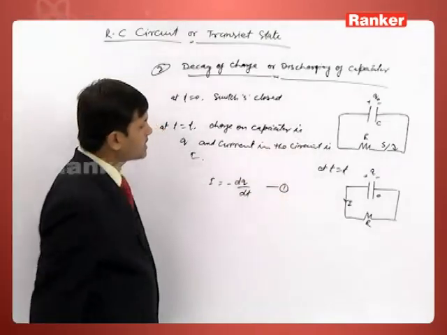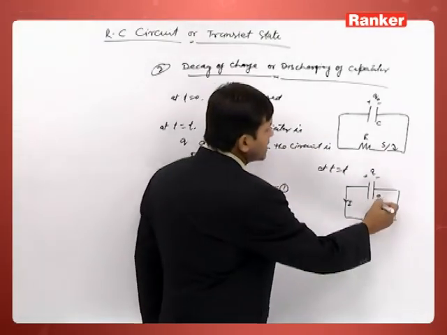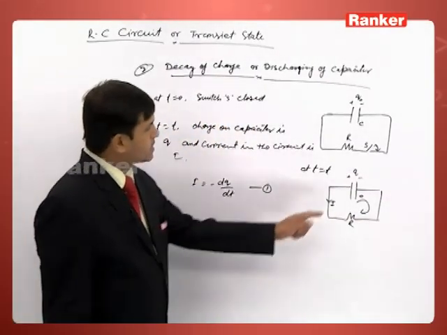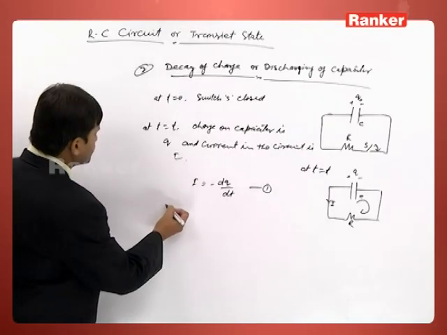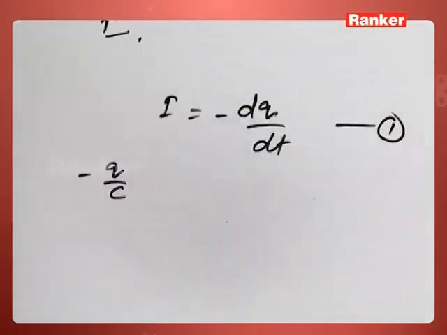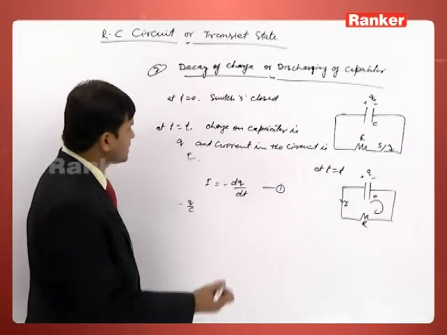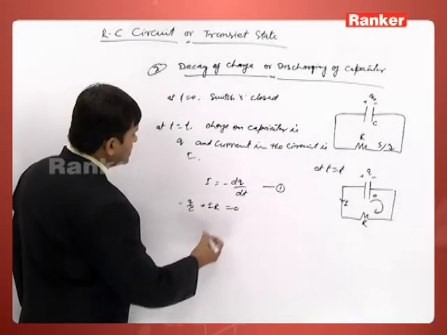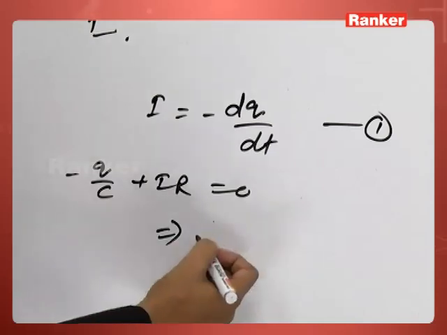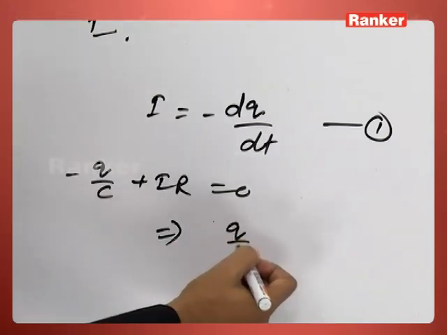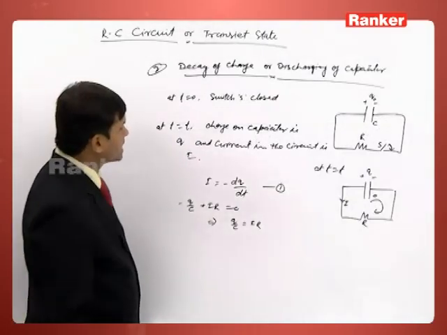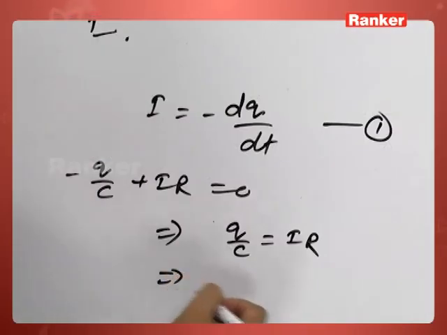This is the first equation. Second, we can get another by using Kirchhoff's law here. So minus q by C plus IR equal to 0. This further we can write as q by C is equal to I into R, and I we can write as minus dq by dt.